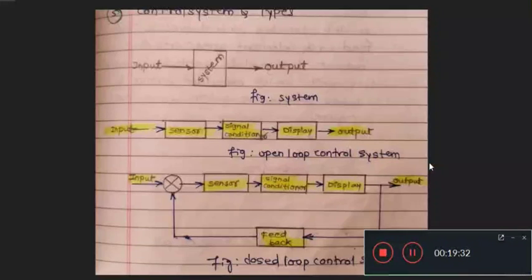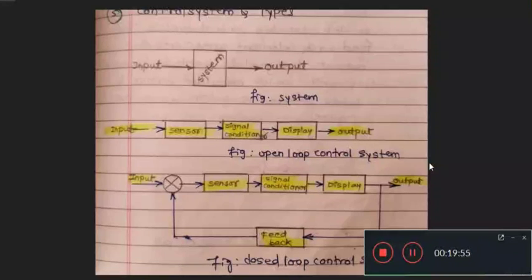In this one we have two figures. One represents the system, which has an input at the left end and output at the right end. That is known as the figure of the system itself. Then we have another figure which represents the open loop control system.